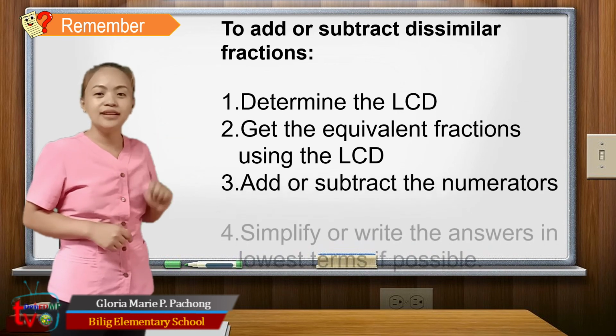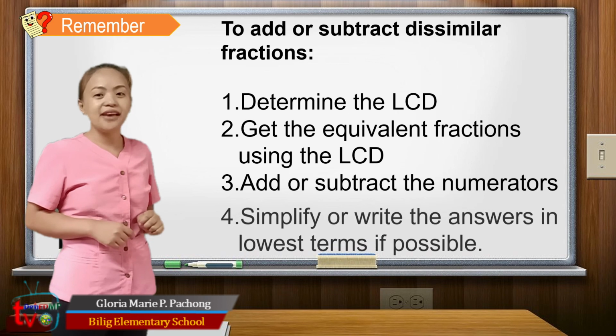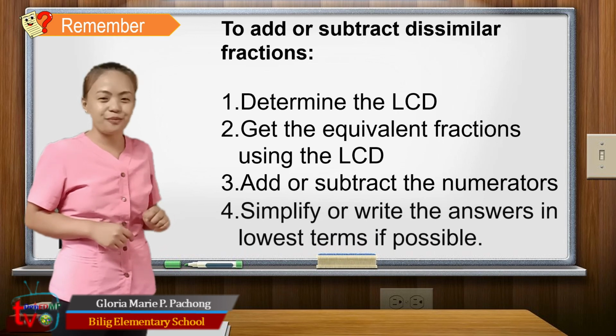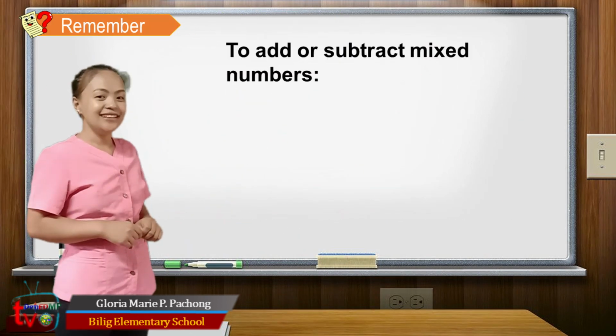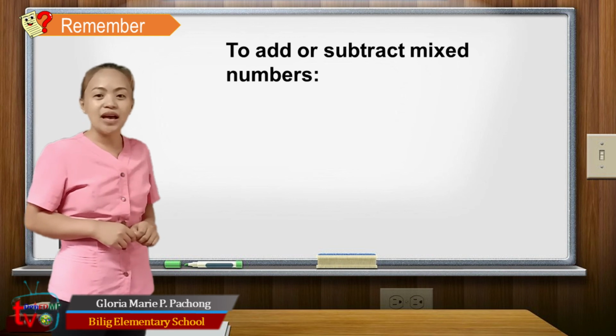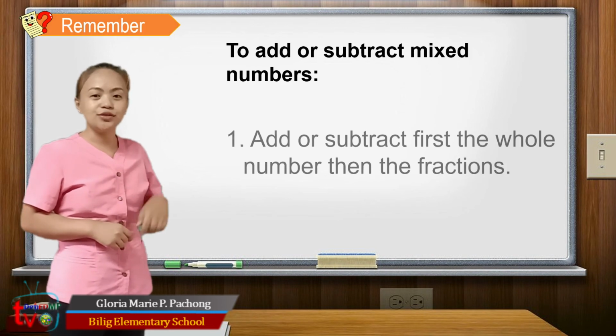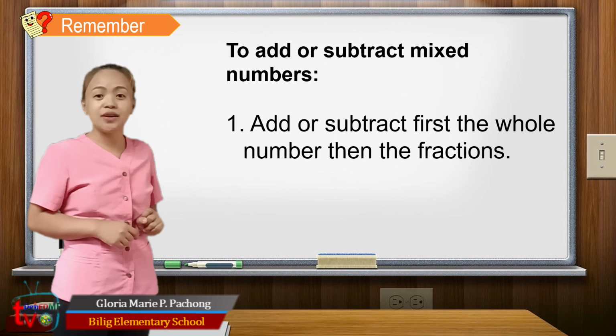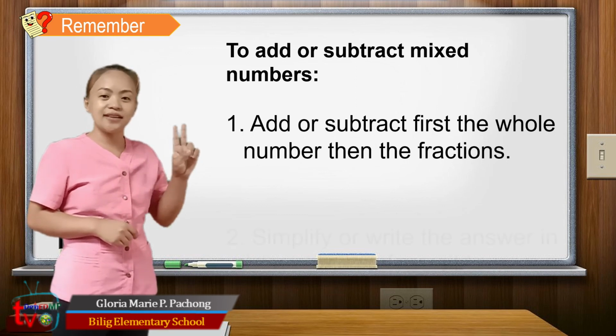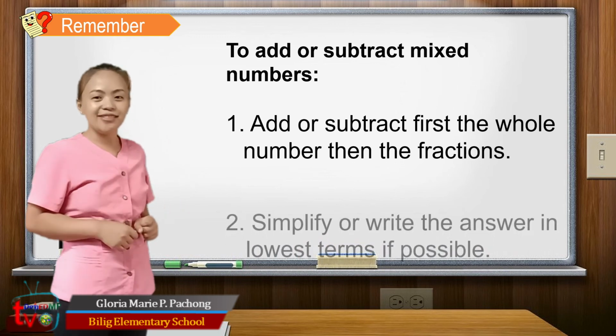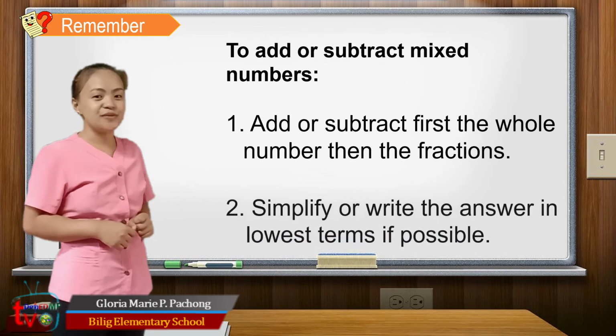And fourth, simplify or write the answers in lowest terms if possible. And lastly, for mixed numbers, we always have to remember to add or subtract first the whole number, then the fractions. Second, simplify or write the answers in lowest terms if possible.